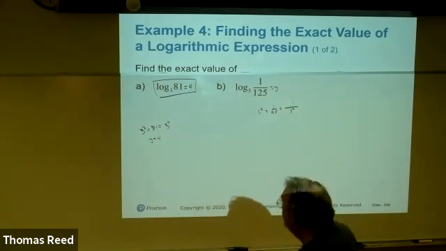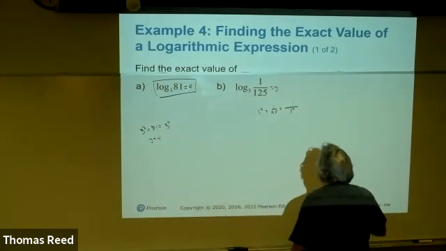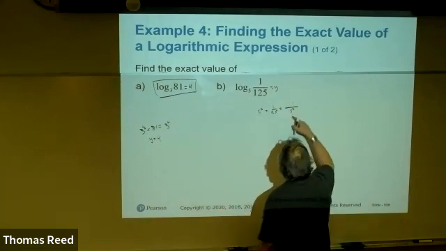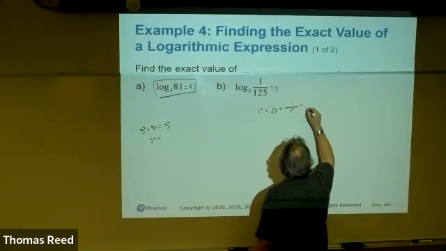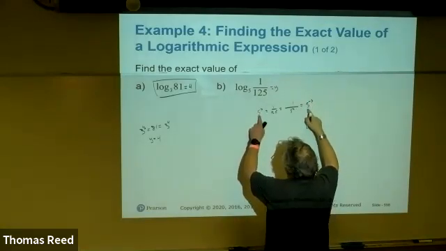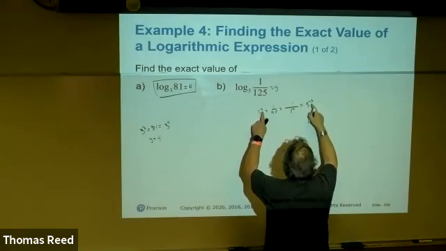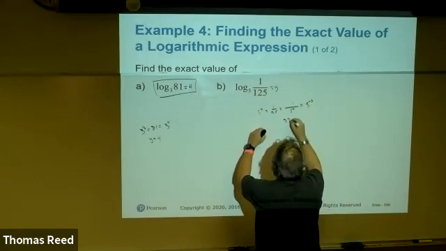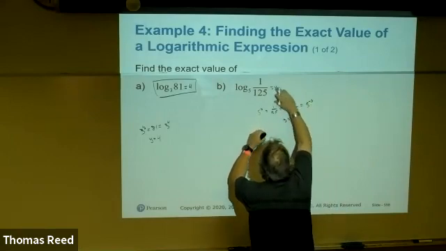That's one of them. But I don't want 5 in the denominator. I need it in the numerator. So that means my exponent is going to become negative. So both are in base 5, so that means the exponents are going to equal. So y equals -3. So this equals -3.